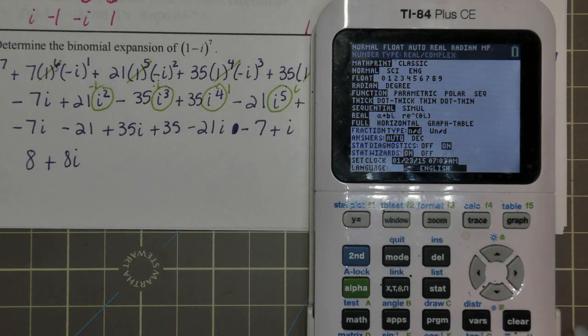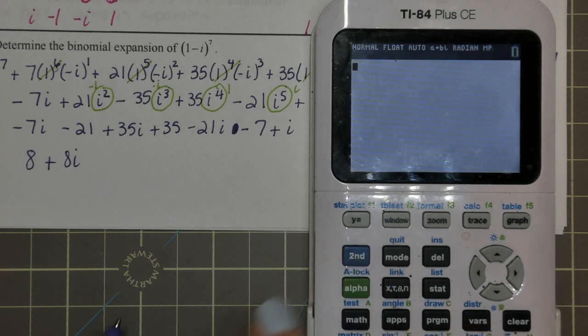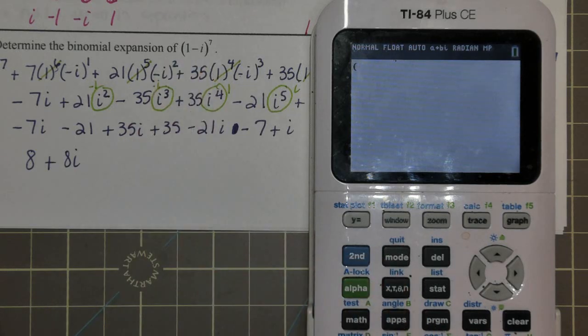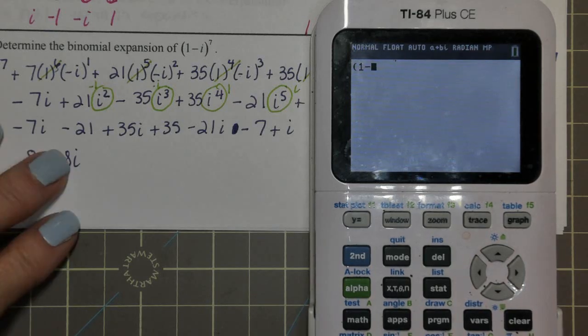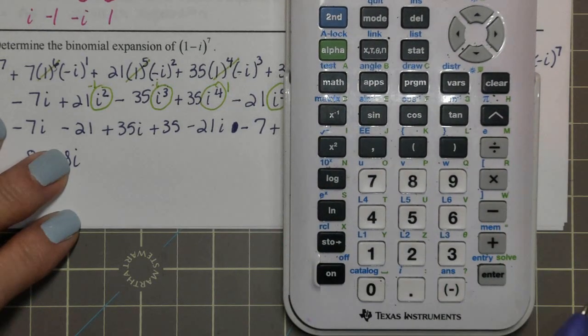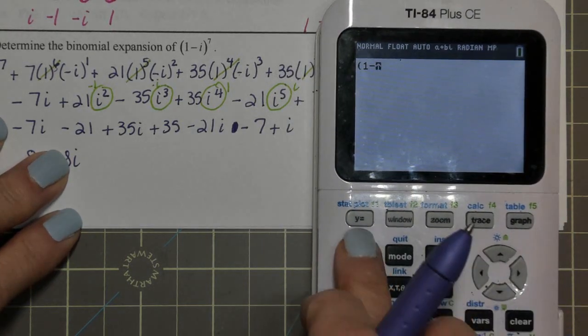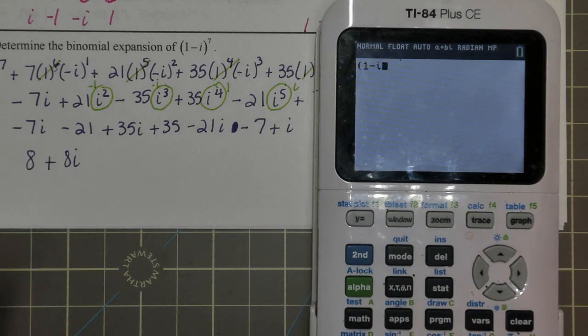Turn that on. I'm going to go to my home screen, and I'm going to type this in as I see it. Parentheses 1 minus, and I want i. i is down here above the decimal. It's the blue above the decimal. So I'm going to do second and then decimal to get i.